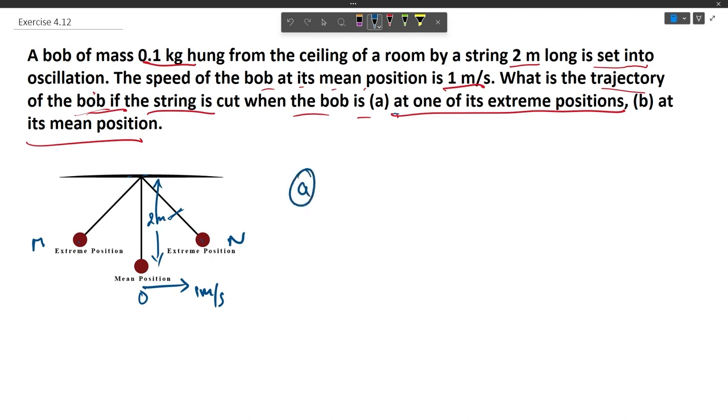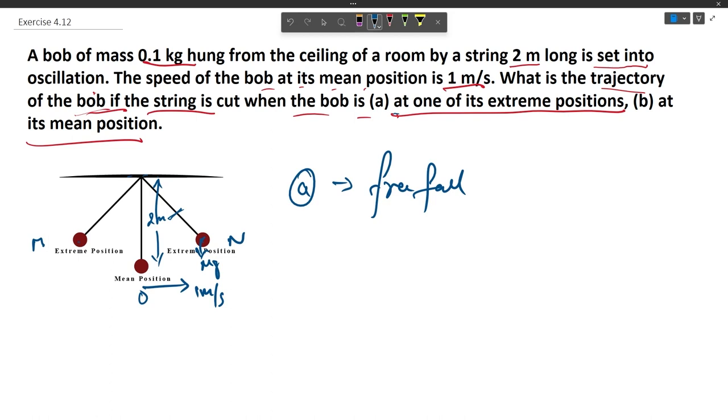So in case A, the bob trajectory will be free fall, because when it is at the extreme position, the only force acting on it is mg, the mass and acceleration due to gravity, and that will lead to acceleration in the downward direction, and this is the only force that is acting. That is why it is going to be in free fall.